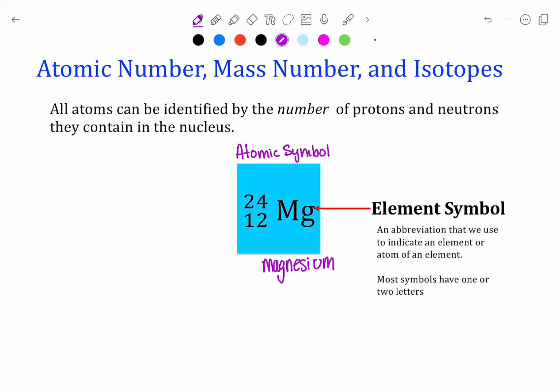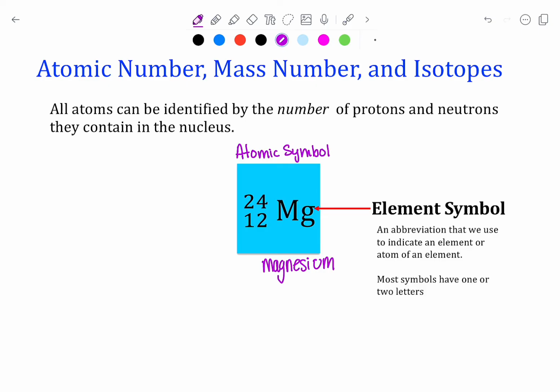An example of that is tin, Sn, which is element number 50. There's no S in the word tin. So sometimes the element symbol resembles the element name, and sometimes it doesn't.